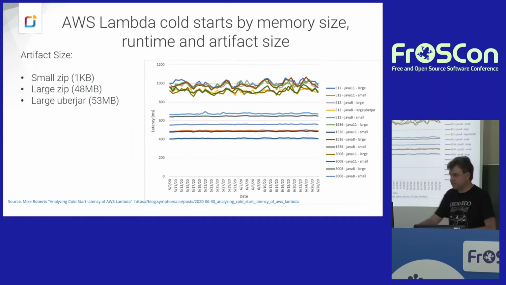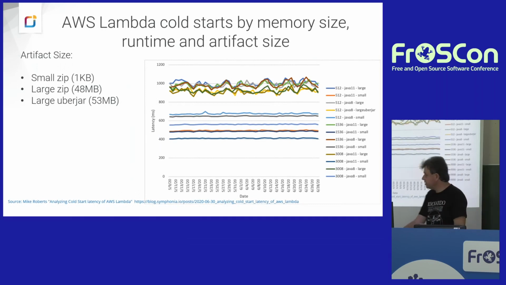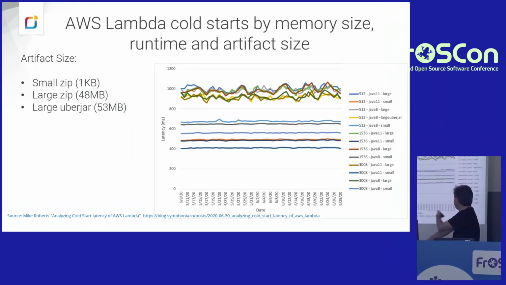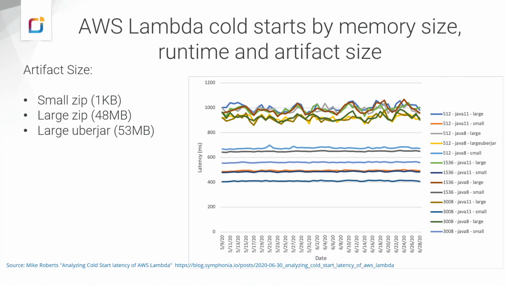You bundle the dependencies of everything that you use. It's a very difficult graph to understand, but what it says is that for the small zip, depending on Java 8 or 11, the cold starts will be quite low.